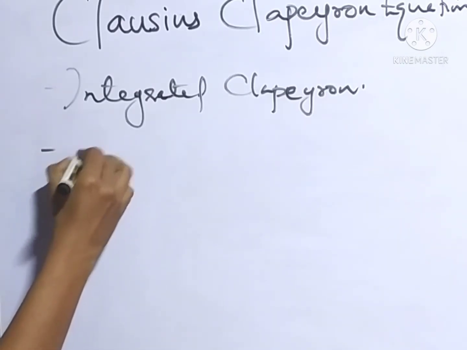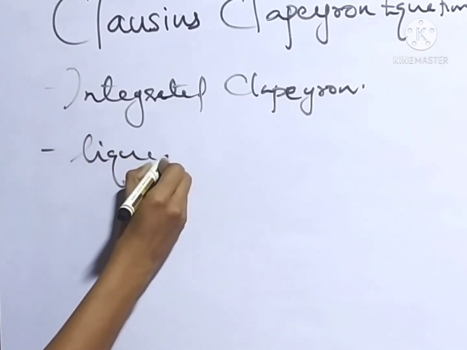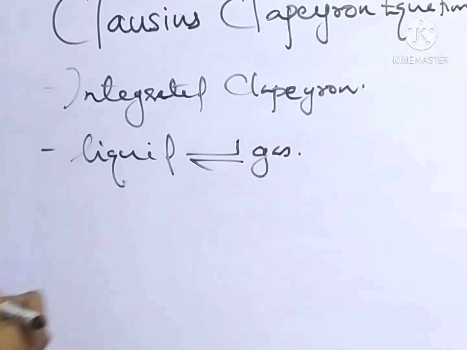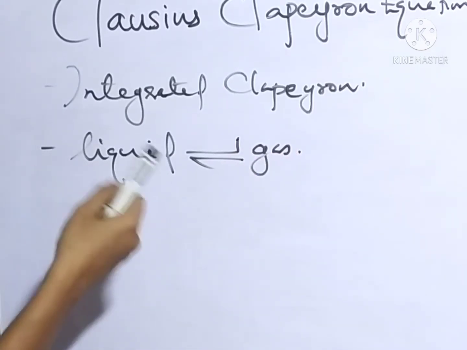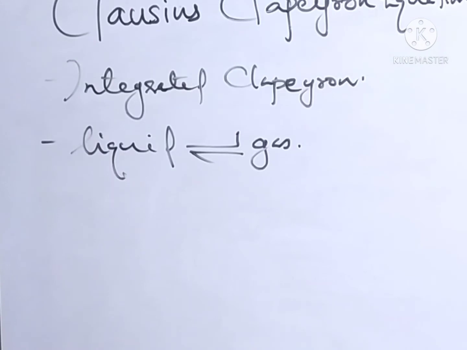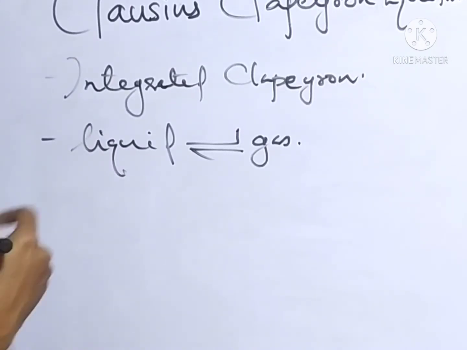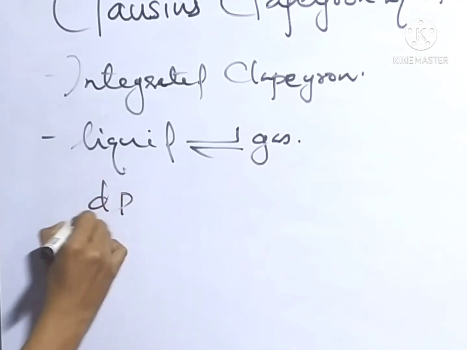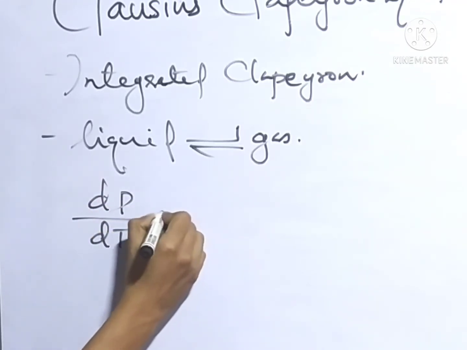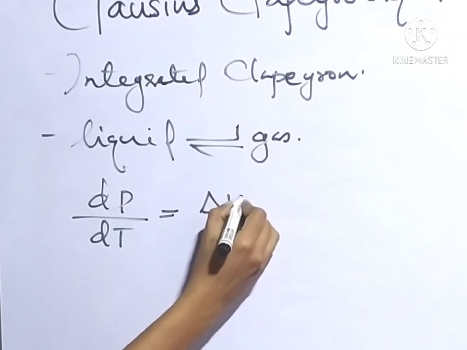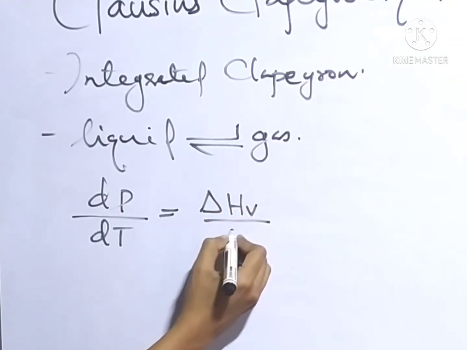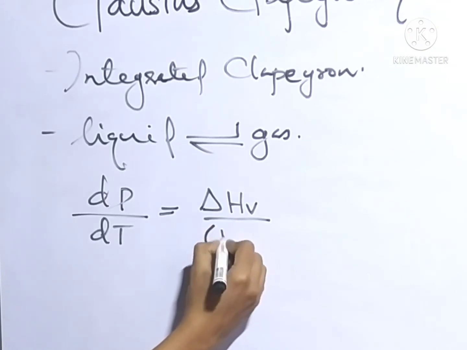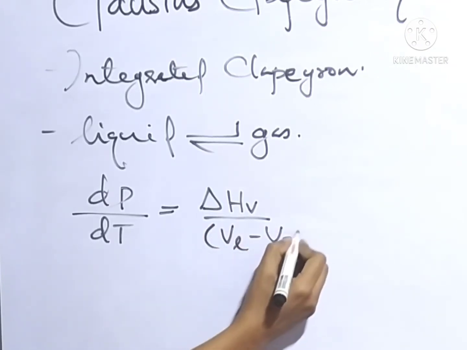So, if we consider the conversion of liquid to gas, that is the equilibrium between the liquid and gaseous states, we can write the Clapeyron equation like this: dP/dT = ΔHv / ΔV, that is V liquid minus V gas.